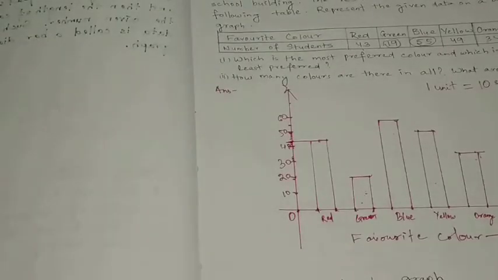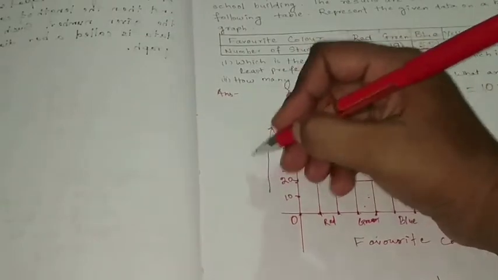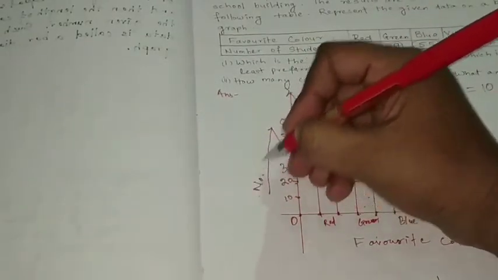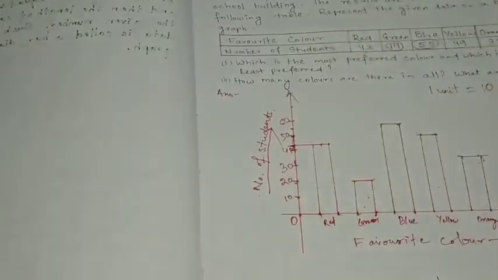And this axis is representing the number of students. So you will make an arrow like this and write number of students. Okay, so this is about making the graph, how we have done example 8 and answered the questions given.